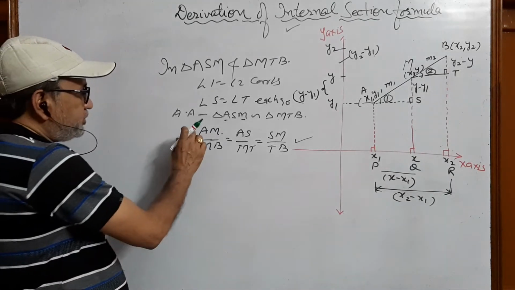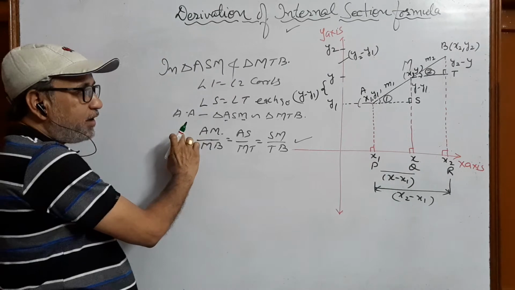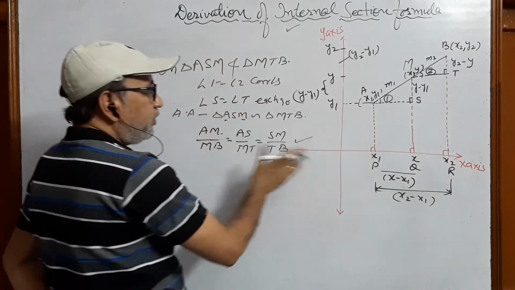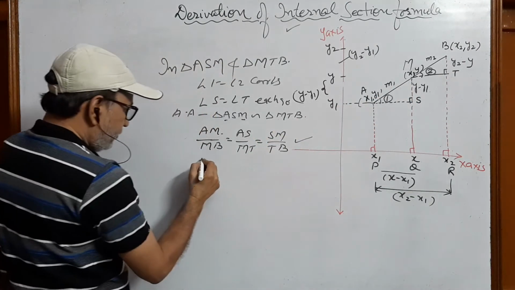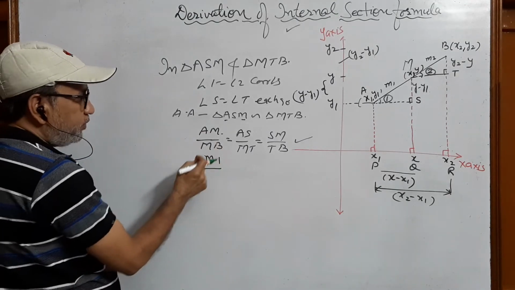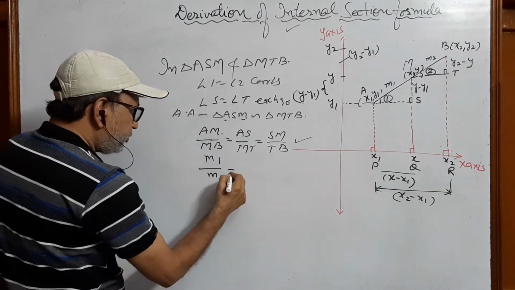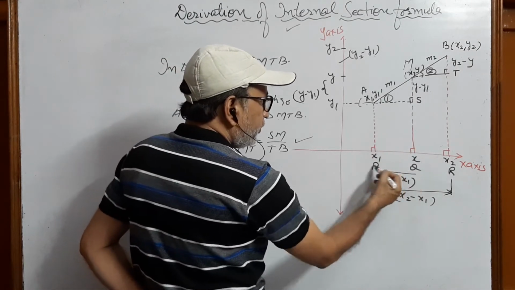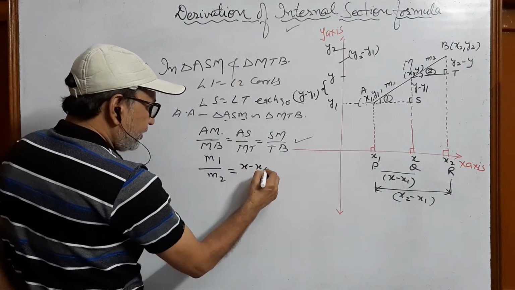This is your extra concept, according to similar triangles, and this is your coordinate geometry. Just a combination of them. AM we know is M1, simply substitute the value. MB is M2. AS equals your PQ, so this is X minus X1.